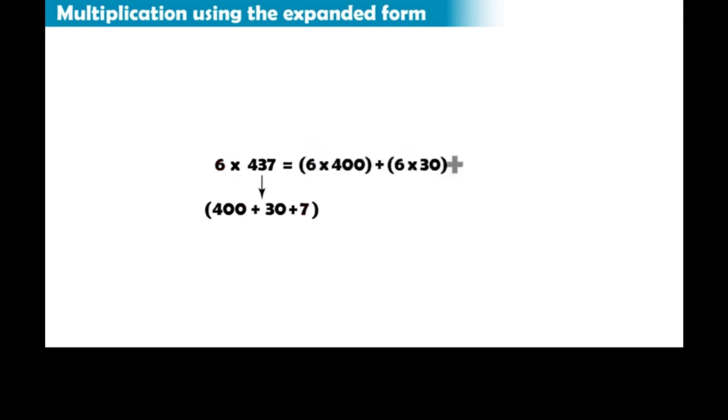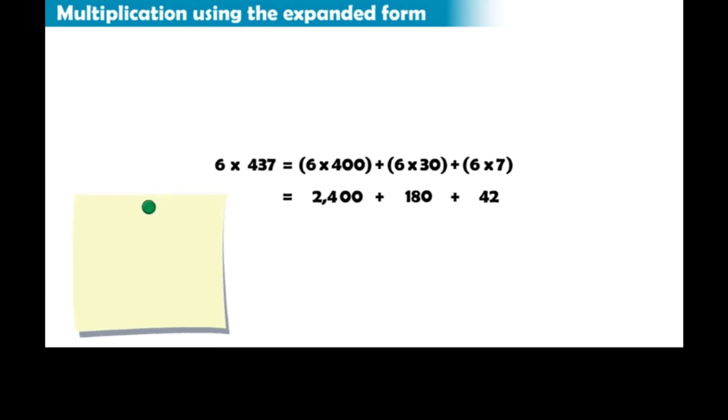Now, we multiply 6 with 400, 6 with 30, and 6 with 7 separately. 6 multiplied by 400 means 2400. 6 multiplied by 30, we get 6 eights are 18 and 0, then 180, and 6 sevens are 42.